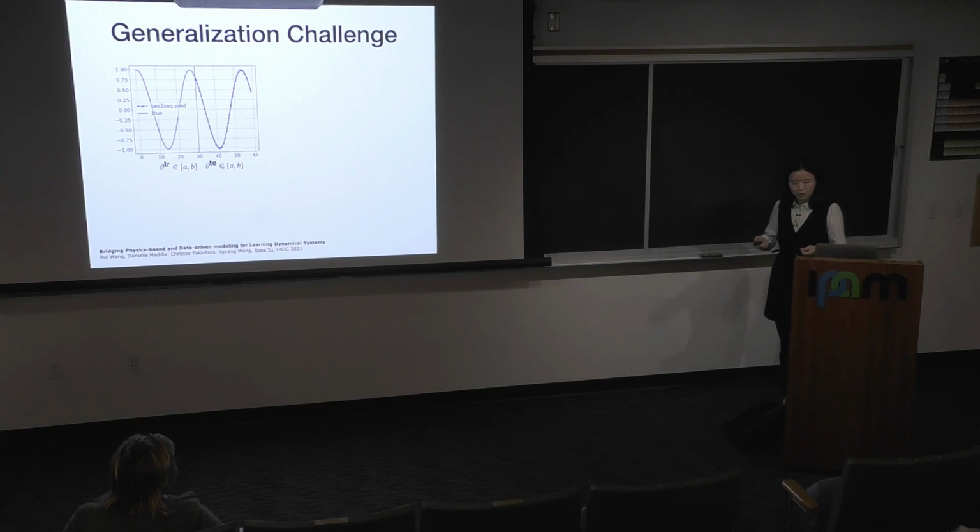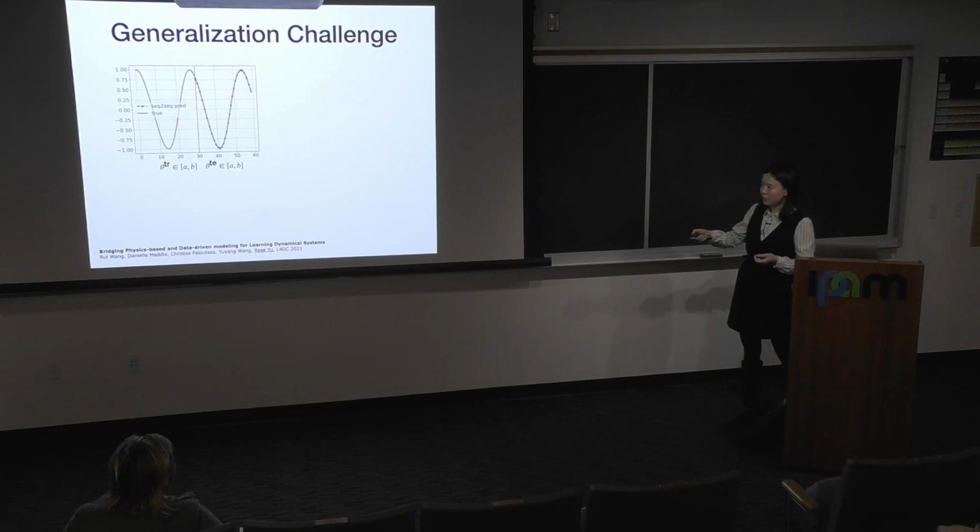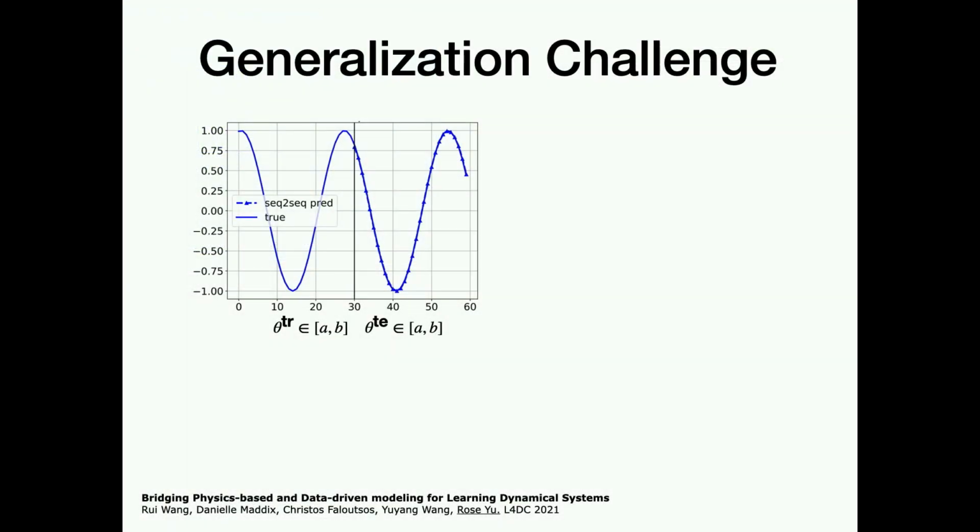And we did a very simple test here, looking at forecasting. We try to forecast very simple sine functions. Let's say we have some training parameters drawn from interval A and B, and then we have some testing parameters drawn from the same interval A and B. The prediction task is as follows. We have some data from the past, on the left-hand side of this vertical line.